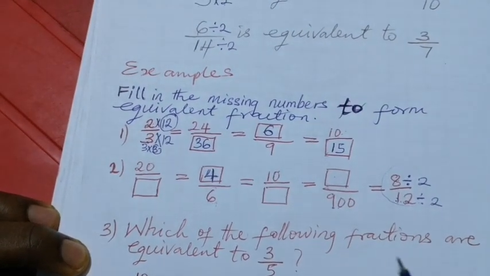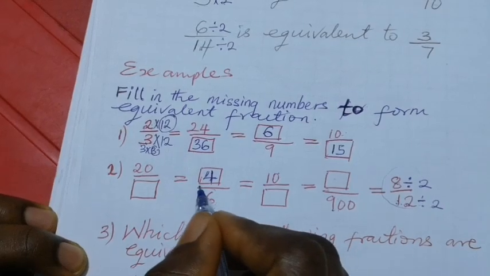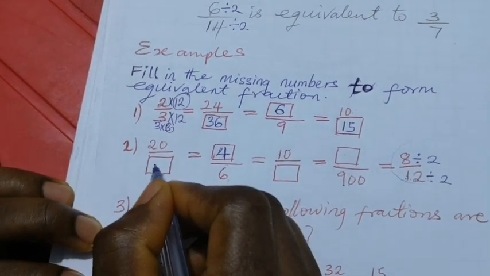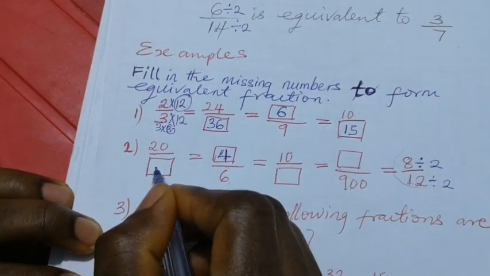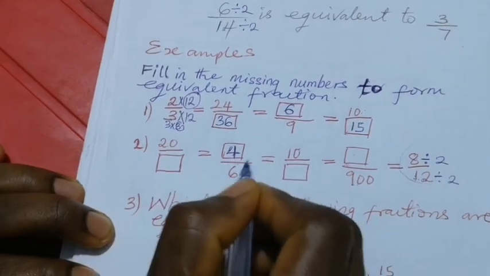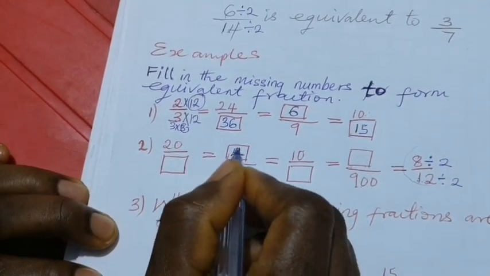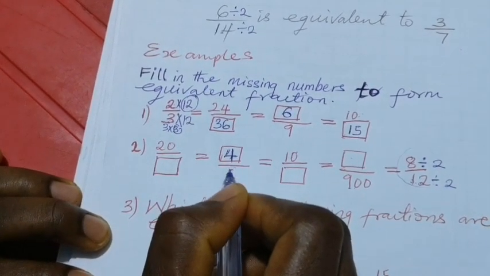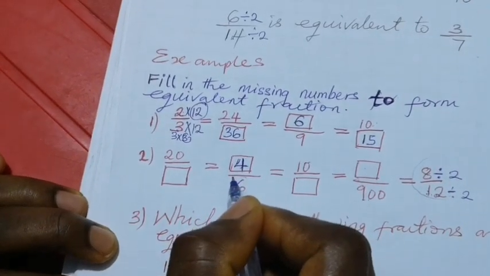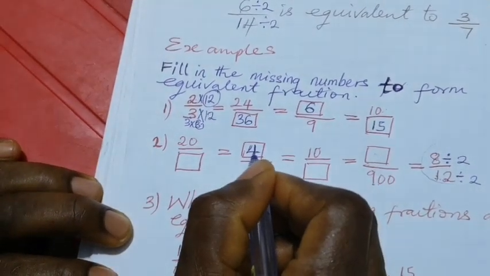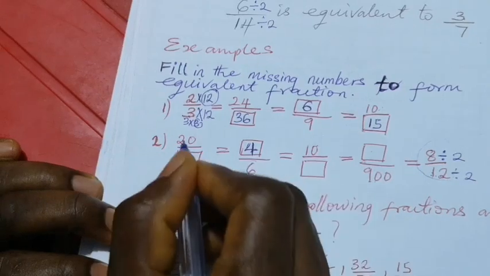Now let me come over this side. For me to find here, I can start from here. Since this fraction is now complete, I will ask myself, 4 times what will give me 20?